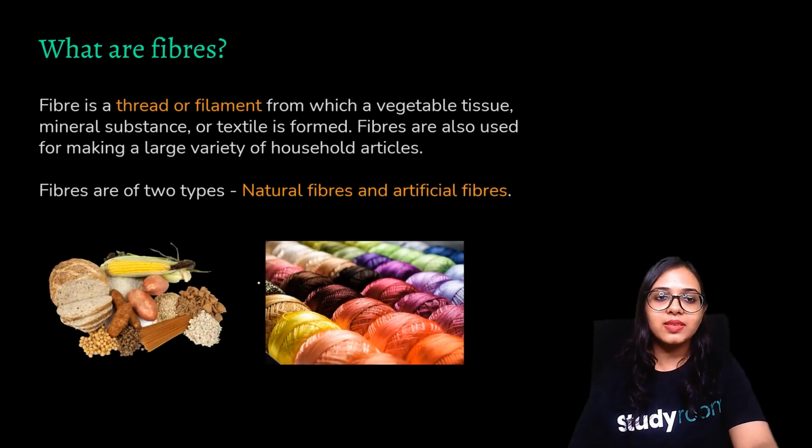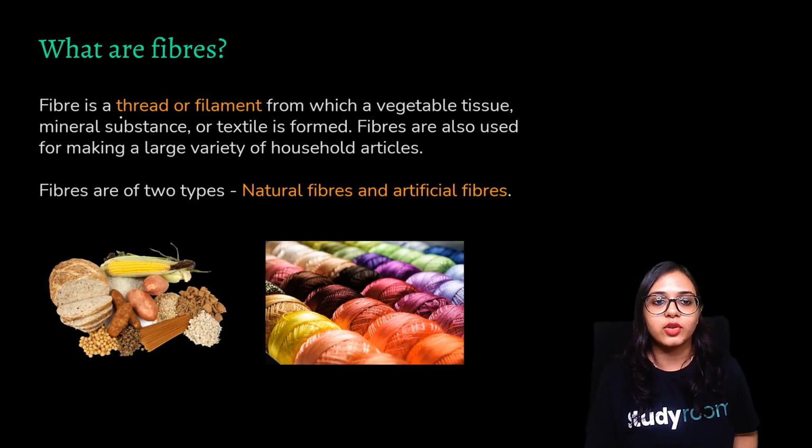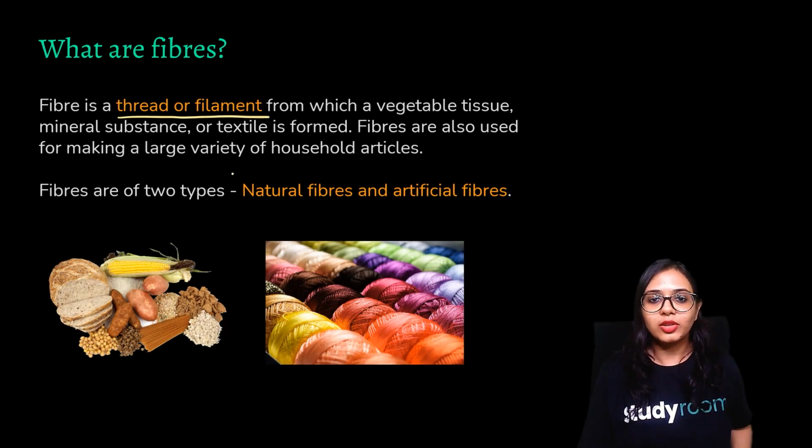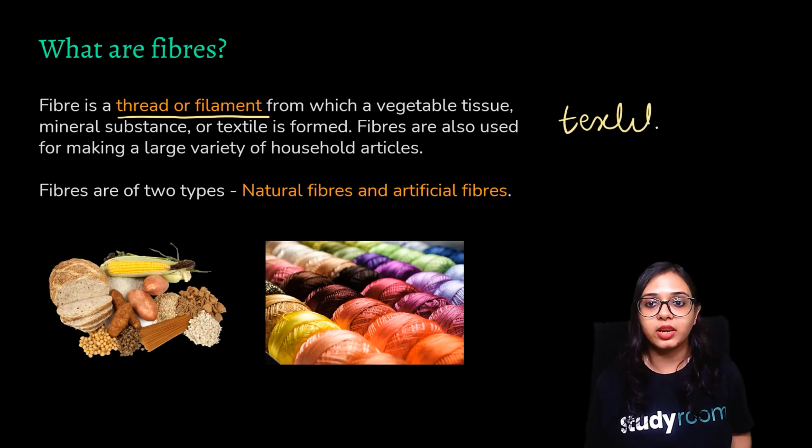So what are fibers? Like I told you, fibers are these thread or filament-like structures. These small thread-like structures are what a vegetable tissue, mineral substance, or textile is formed from. Now the use of the fiber that I'm describing to you is mainly for the textile industry, for the cloth industry.